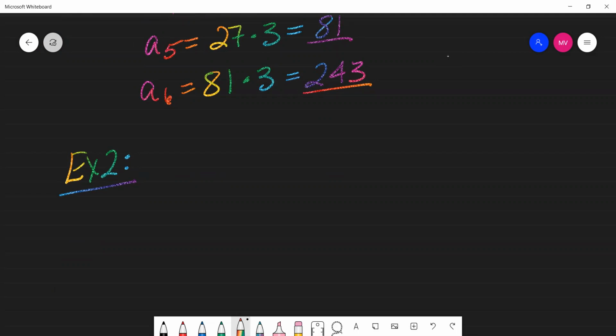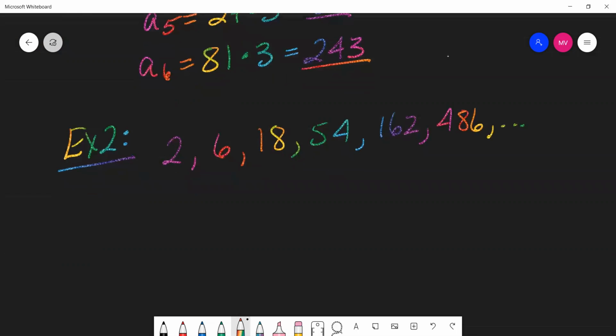So we're writing out the geometric sequence formula. We have 2, 6, 18, 54, 162, and 486. You can see these escalate quickly, right?